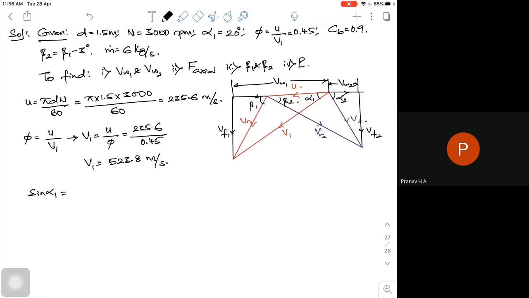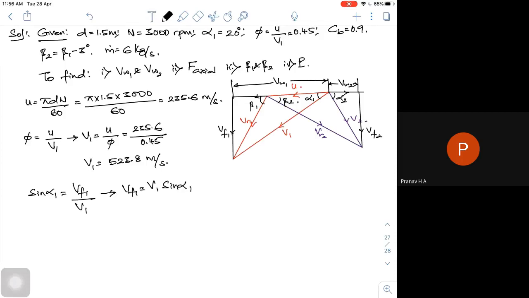Graphically you can solve, or you can solve using your trigonometric principles. What is the sine alpha 1? Sine alpha 1 is equal to Vf1 divided by V1, or Vf1 is equal to V1 sine alpha 1.